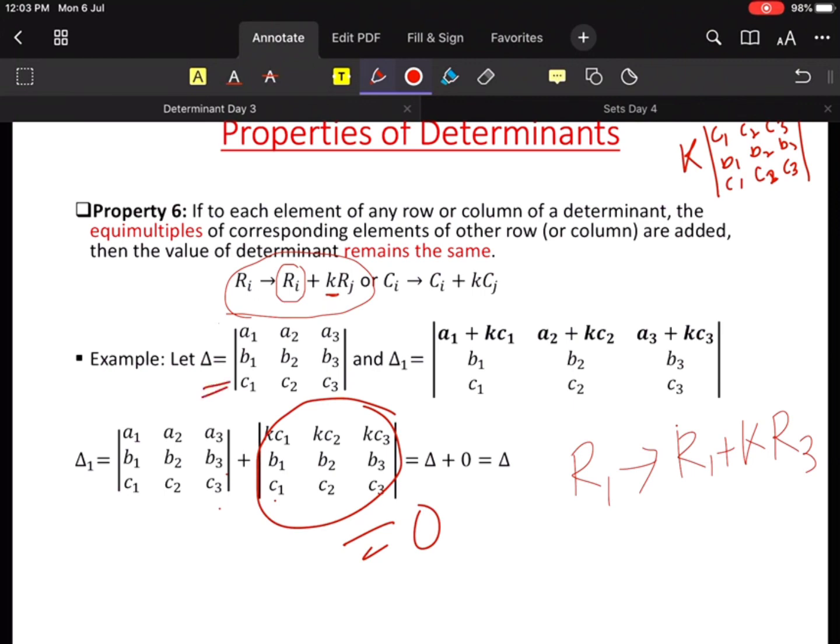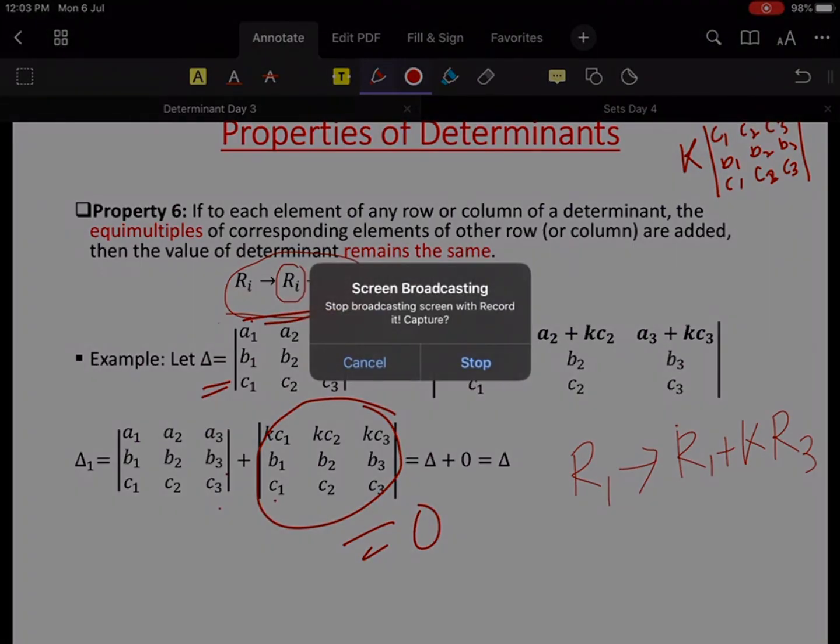So if I perform this operation, then the determinant will remain the same. Understood? Clear? Then we can start the problems. Okay? Yes, let's start with the problems.